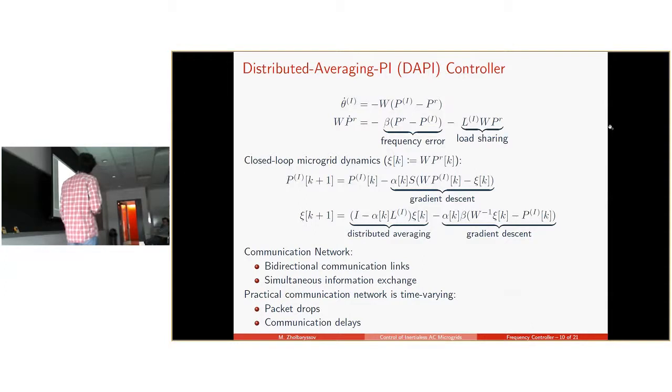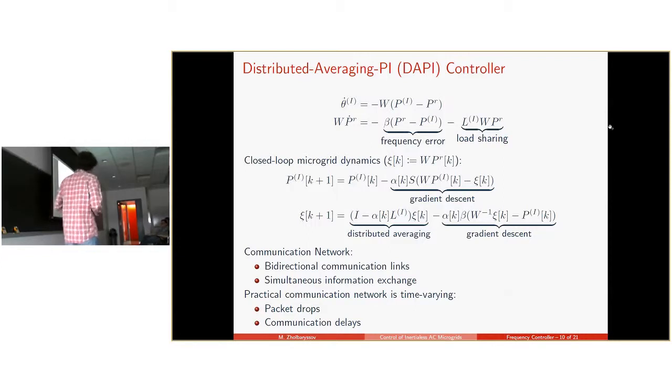The communication network used by this controller assumes that communication links are bidirectional, meaning neighbors exchange information with each other, and the information exchange is simultaneous. If they exchange information, that happens within the same sampling period.